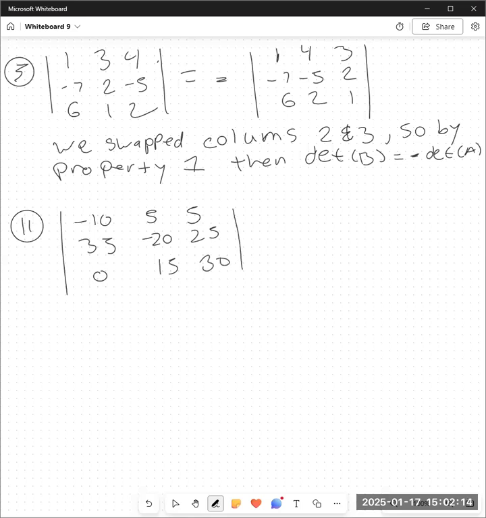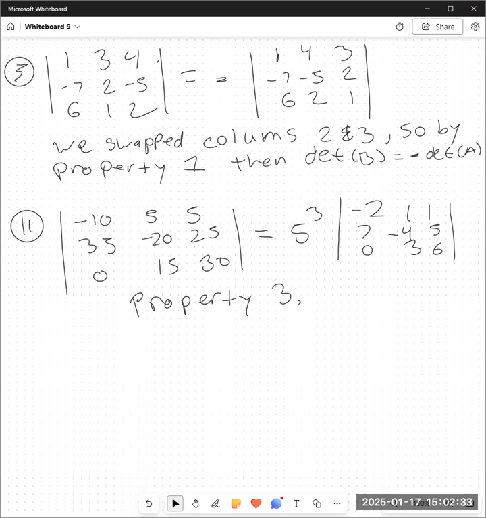There's 3 rows, 3 columns. That's 5 cubed. It's -2, 1, 1, 7, -4, 5, 0, 3, 6. And that's property 3 that we already talked about. So I'm not going to quote property 3 again. I just say that 5 was property 1 and 11 is property 3.